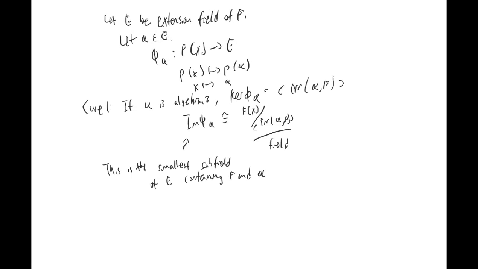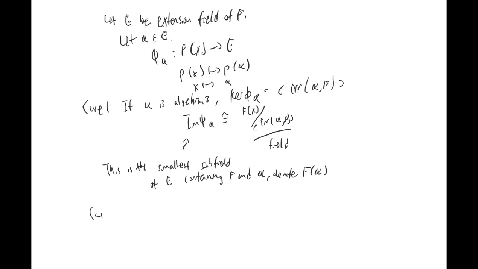So we will denote this as F(alpha). Later on, we'll see what this field looks like. There's a theorem that describes this, but this is what we call F(alpha). It's just the image of phi alpha, the evaluation map.